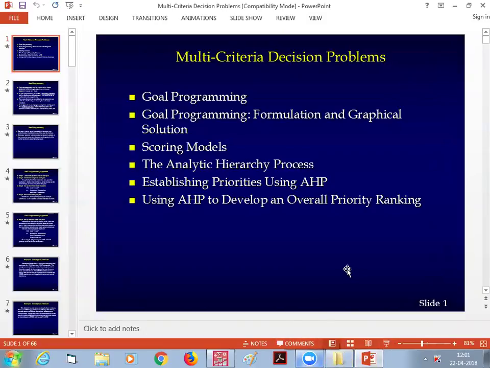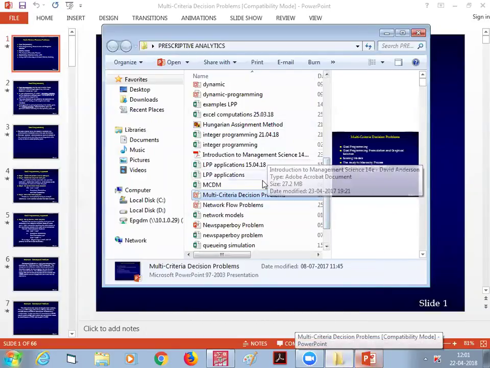Okay, so let's do the Excel related one first. I think the assignments I've given have been one or two from this chapter itself. So let me do the LP version of that.